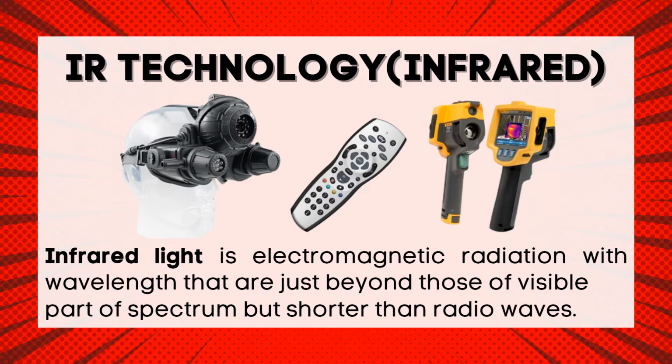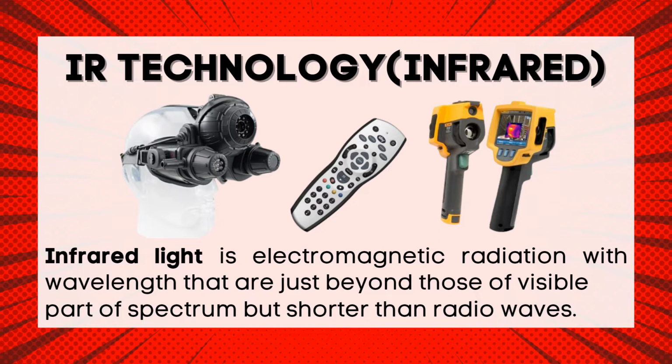Also, in order for an infrared signal to be detected, there must be a direct line of sight between your transmitter and your receiver. If there is an obstacle, the information cannot travel through.